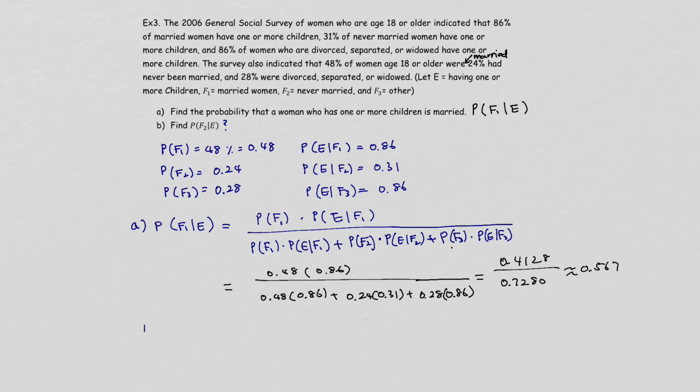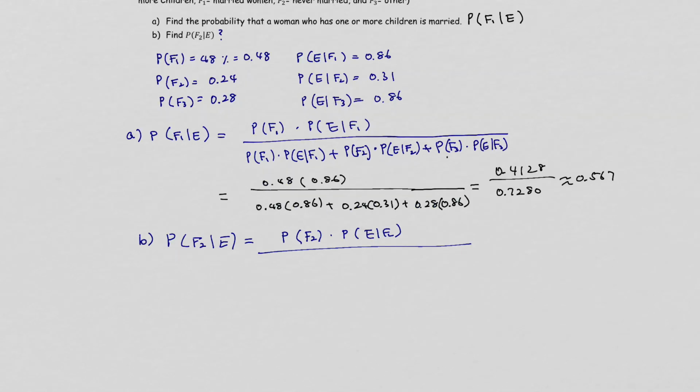Now, if we wanted to look at B, which is looking for the probability of F2 given E, we will start with the probability that's involving F2. So it will be the probability of getting F2 times the probability of E given F2, over the probability of F2 times the probability of E given F2 to start it, and add up the other two.